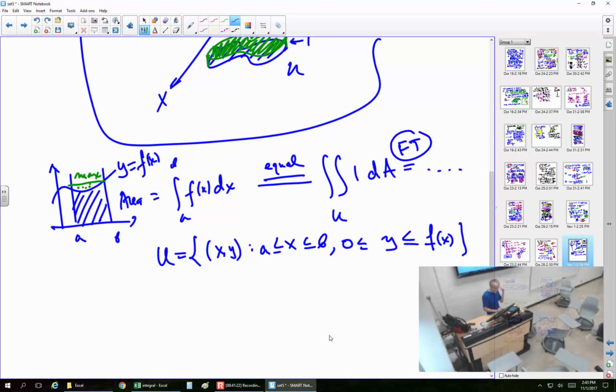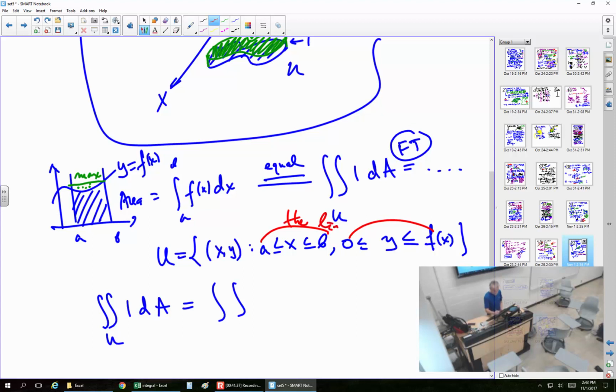If region U looks like this, then the double integral over U will be an integral with these limits of integration, the limits that came from the definition of U. Once again, where's U? This is U.